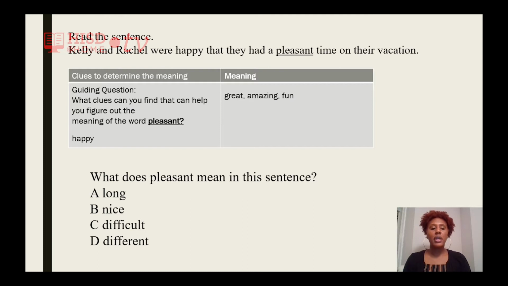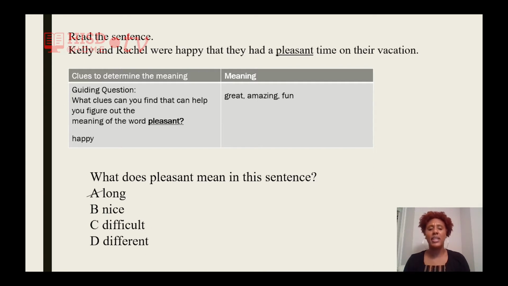So now I want to look at my answer choices. What does pleasant mean in this sentence? A, long. B, nice. C, difficult. Or D, different. So from that, I'm going to first eliminate long. They were happy, but it doesn't necessarily mean that they had a long time on their vacation.